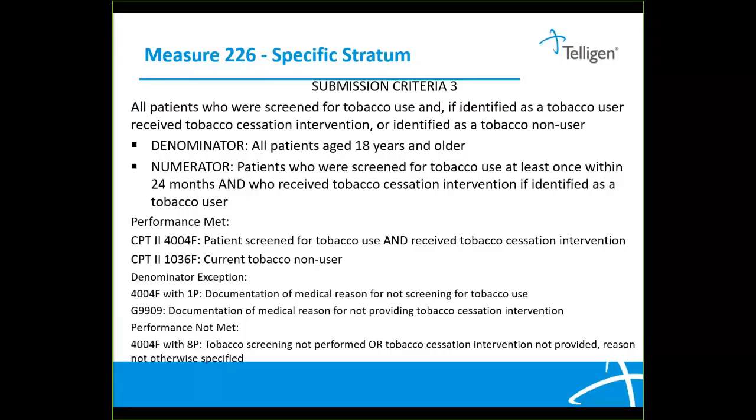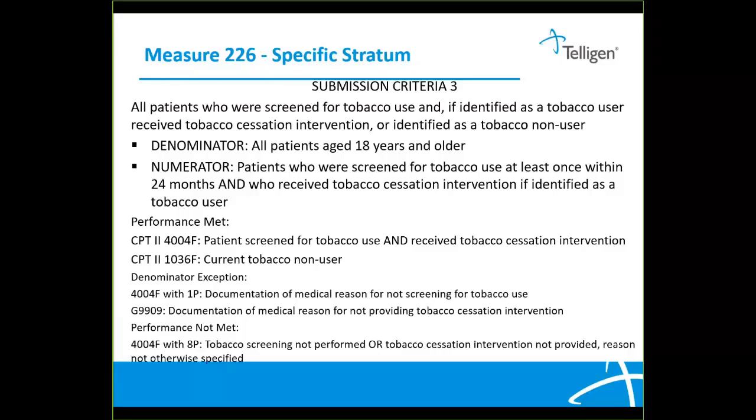But then you also have to add in this submission criteria number 3, either user or non-user. So if they were a user and received the cessation intervention, you also have to add a third code, and that is 4004F. If they were a non-user, you have to add a second code. So remember how we added for submission criteria 1, I have a non-user, and you added that code.